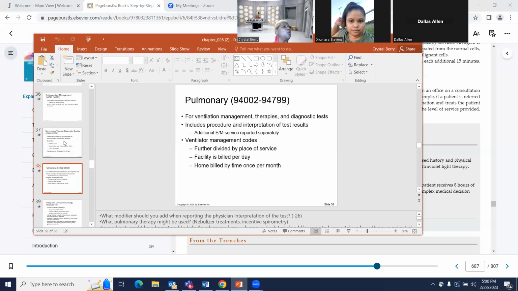So 93000, page 753 in your CPT manual if you're in manual 2022. If you're in manual 2021, it's on page 728. Next one.